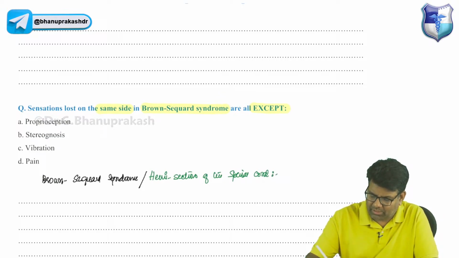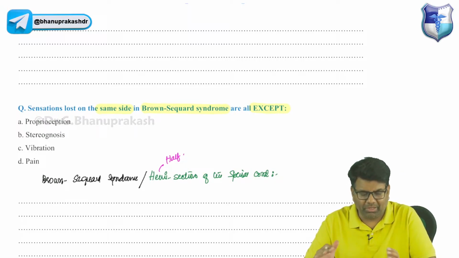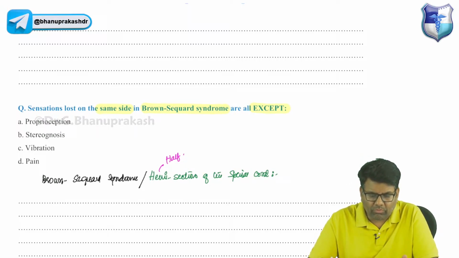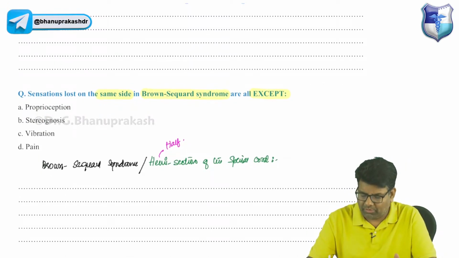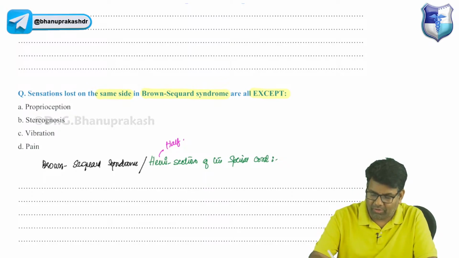When I say hemisection, it means half of the spinal cord is damaged. Now, to understand this particular question, we should know the anatomy of the spinal cord first.